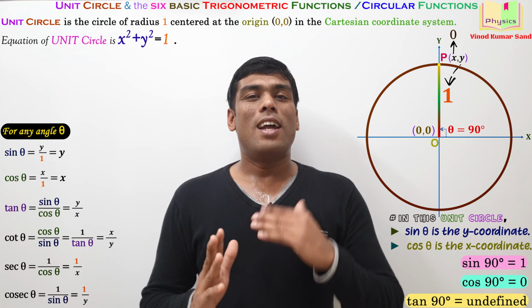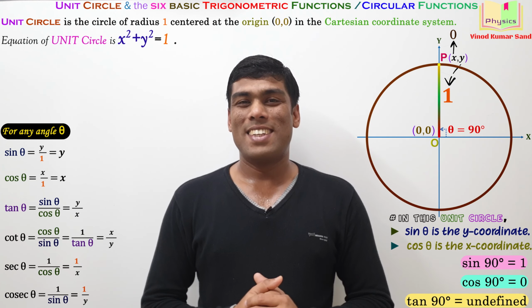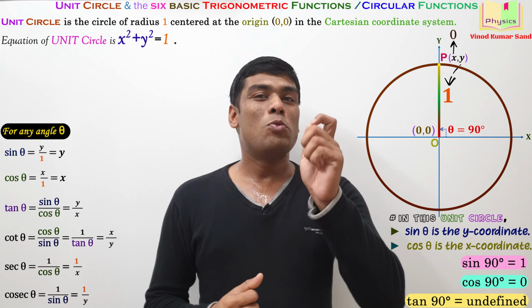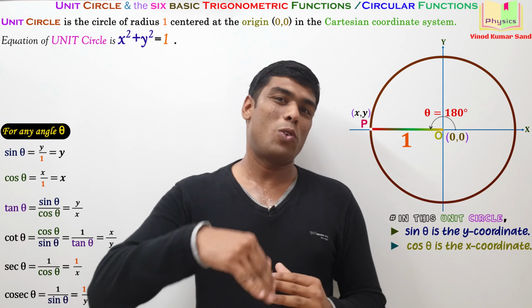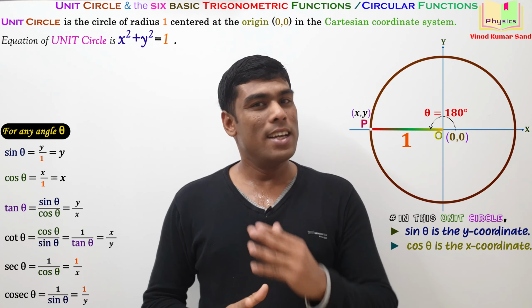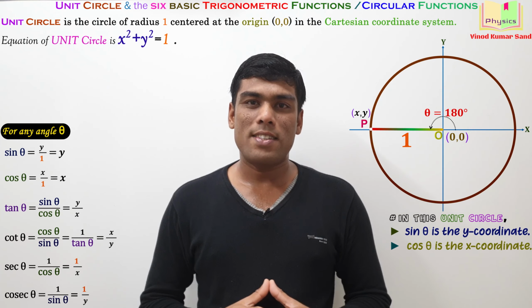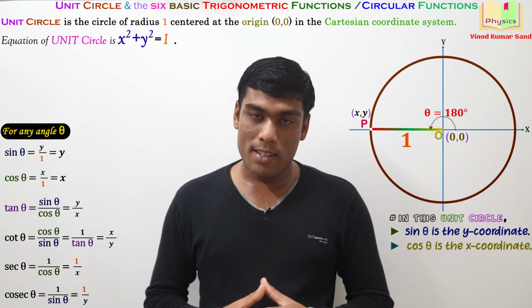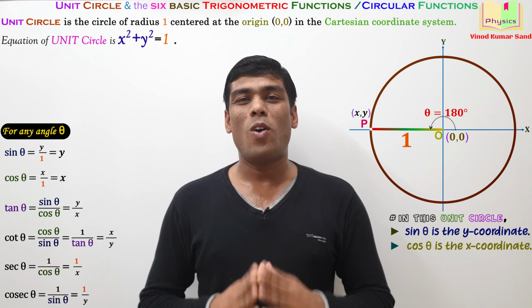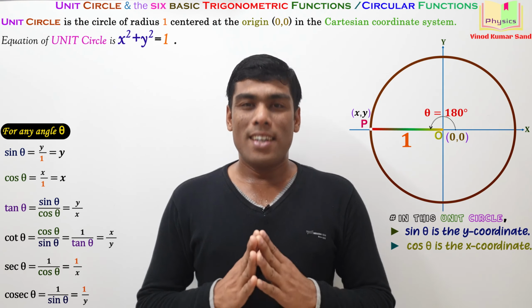Fine. What should be my next question? Correct. We should go for the angle 180 degree and look out for the values of cos 180 degree, sin 180 degree. So moving for the next diagram. Now the point P is lying on the negative x-axis. Can you tell me the coordinates of point P? Brilliant.